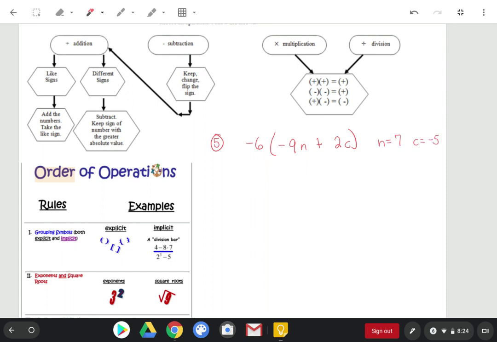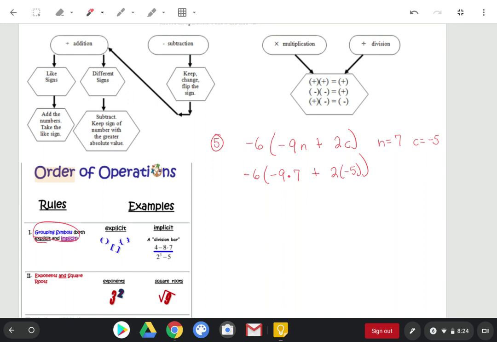We are going to plug in the values for the variables. So that's negative 6 times negative 9 times 7 plus 2 times negative 5. Okay, so following order of operations, the first thing we're looking for is grouping symbols, which we have.